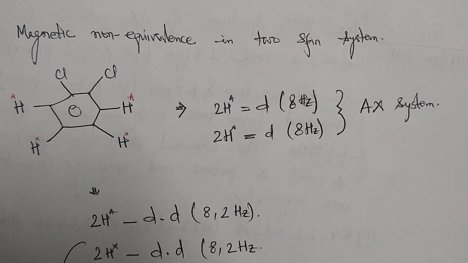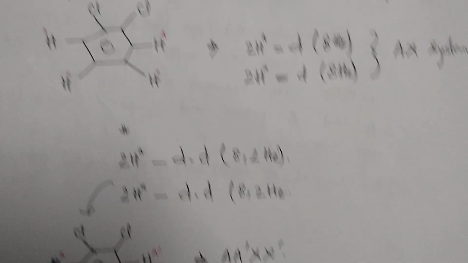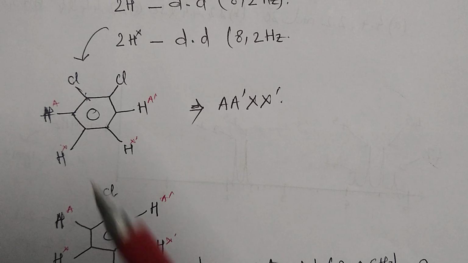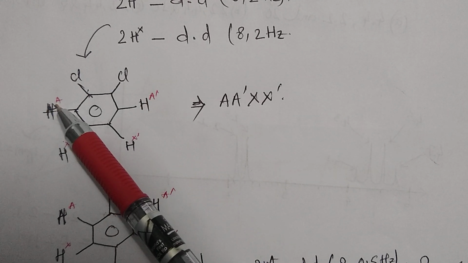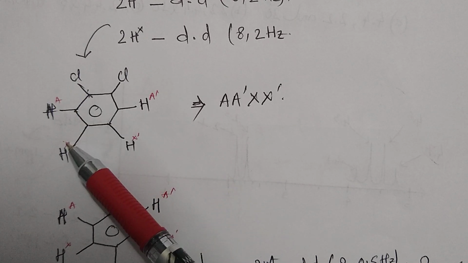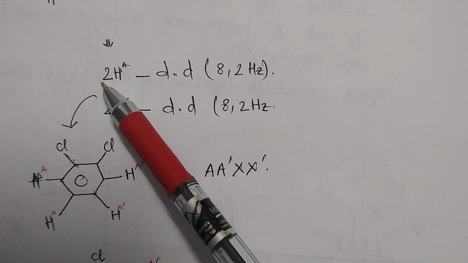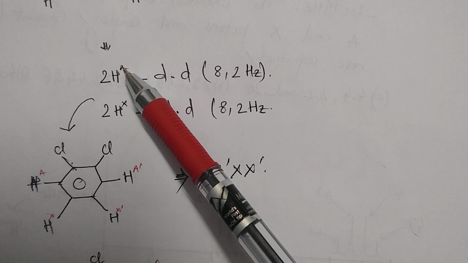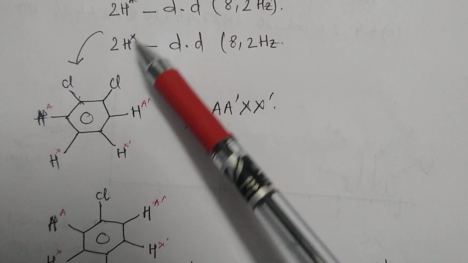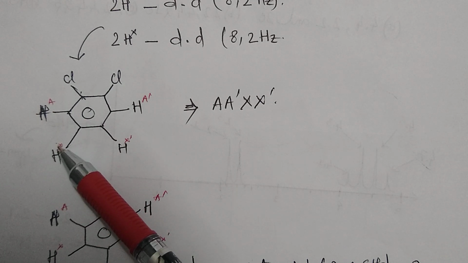Now if we consider this, where all four protons are in a different magnetic environment, then this will be A, this will be A dash. Likewise, if it is X, then it will be X dash. With that, these two protons of A type, this A will couple with this X and give a doublet.